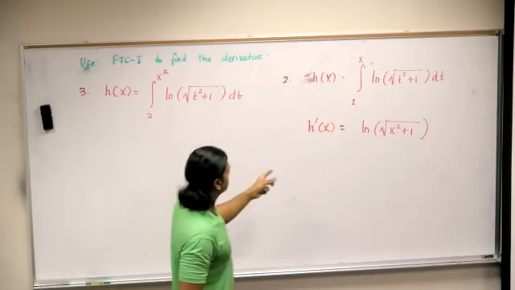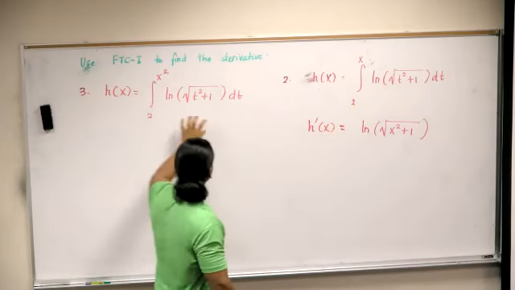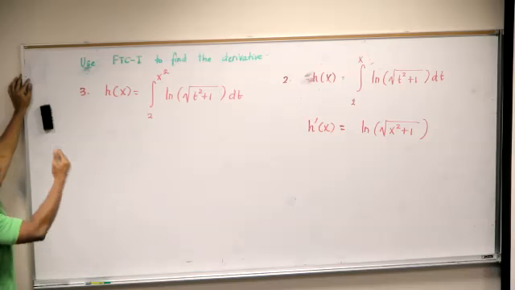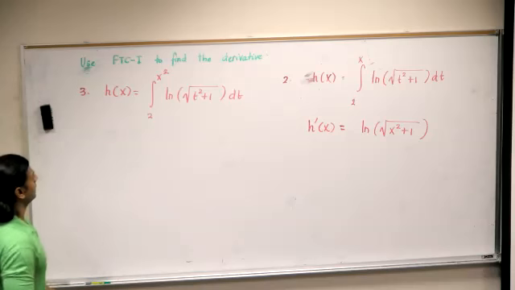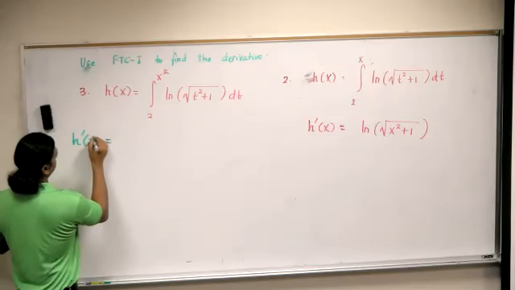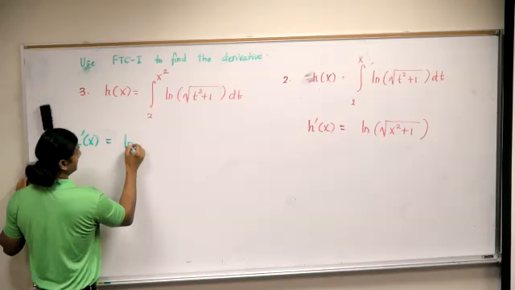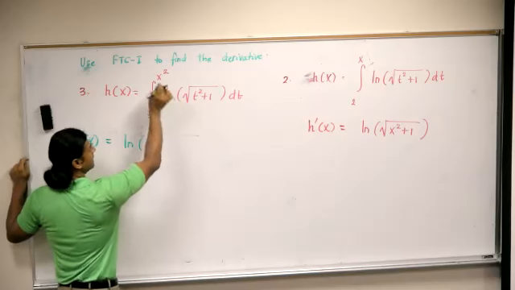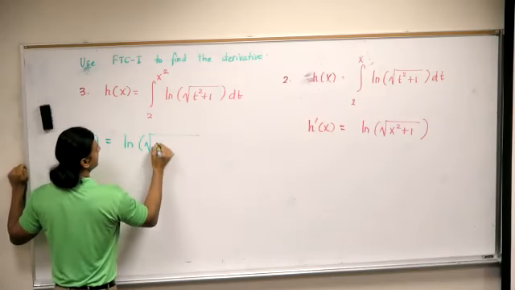What is the difference between that and that? Instead of x, I have x squared. So h prime of x would simply be ln square root, and in place of t, I'm going to plug in x squared.